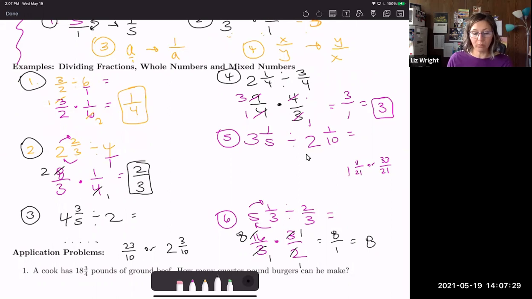Or you do it your own way and just maybe multiply straight across. If you're multiplying straight across, you would have gotten 48/6. And then if you're getting 48/6, then you can reduce from there and you would get 8 for your answer. So you choose how you would like to do that. I'm also going to take a moment to mark down the fact that I am having you guys do 3 and 5 on your own.